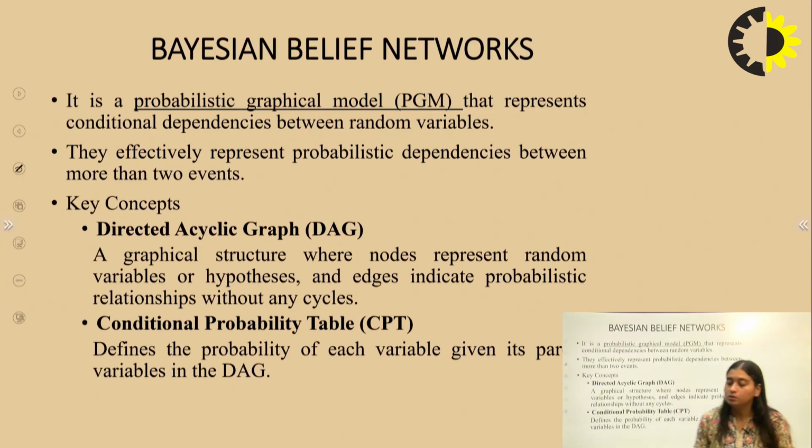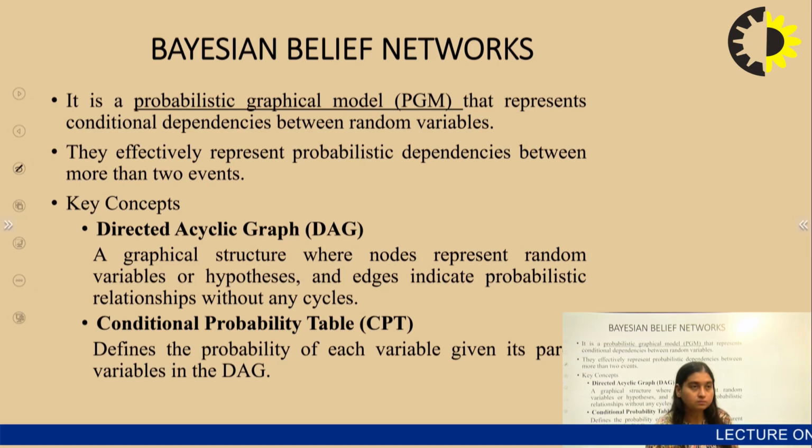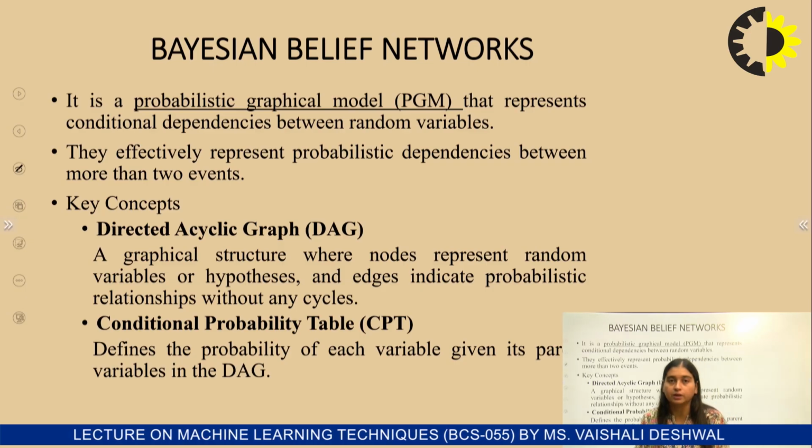Now the last topic of our lecture today is Bayesian belief networks. As it is a network, it is a probabilistic graphical model that represents the conditional dependencies between random variables. It represents the probabilistic dependencies between two or more events, and there are some concepts related to it.